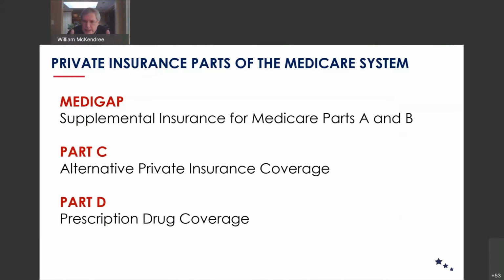In the second instance, you're enrolling in Part A and Part B, but you're replacing the utilization, the reliance on Part A and Part B with a Part C product, a Medicare Advantage product. And finally, you'll probably be getting a product that's devoted to covering the cost of your prescription medications. And that's referred to as a Part D plan.